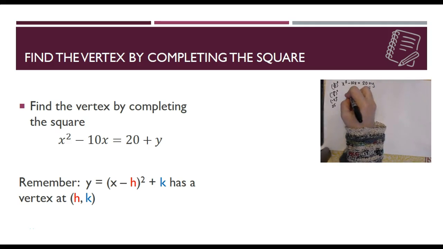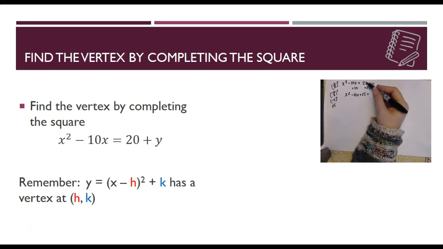And in doing so, I'm going to get x squared minus 10x plus 25 equals, if you notice here on these two, oops, I apologize, that's supposed to read negative 20. So on these two, oh goodness, I typed it wrong on the slide. Sorry about that. So it should read negative 20.